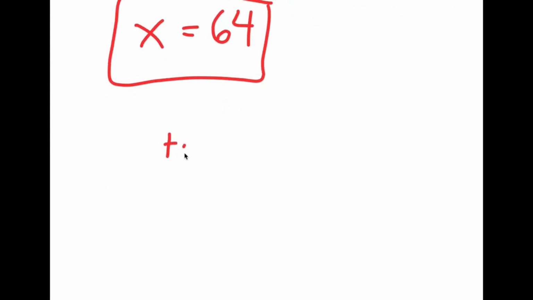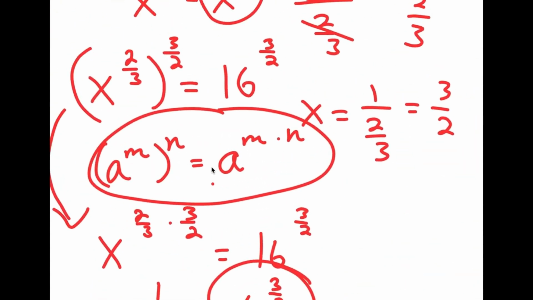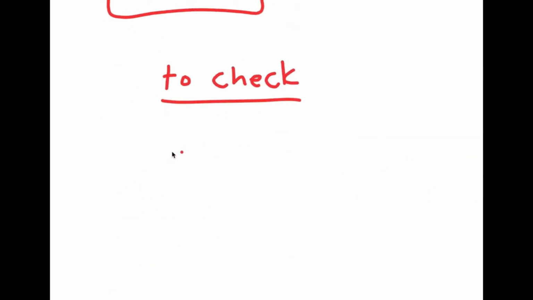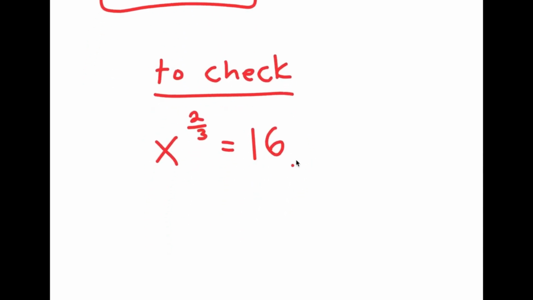So now, to check, let's go back to the original equation, which is x to the power of 2 over 3 is equal to 16. Now, we got that x is equal to 64.